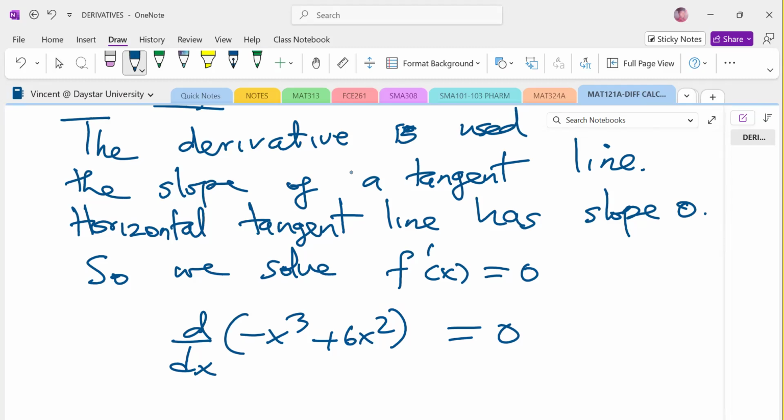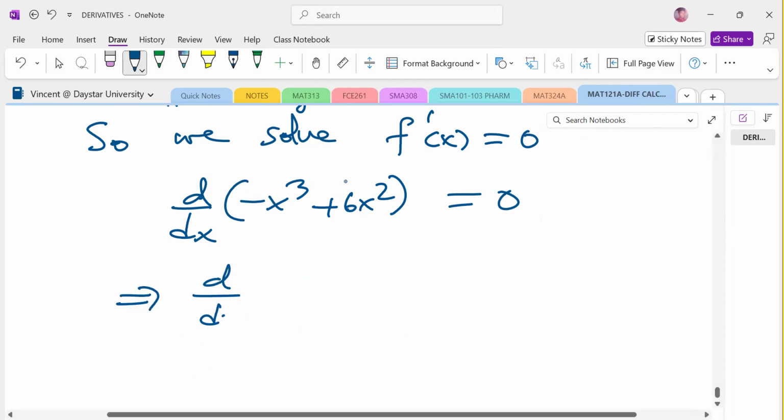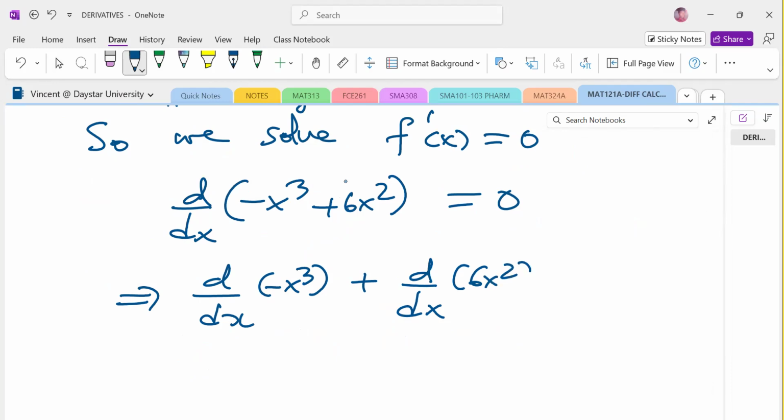So this would be the derivative of minus x cubed plus the derivative of 6x squared, which should give us 0.